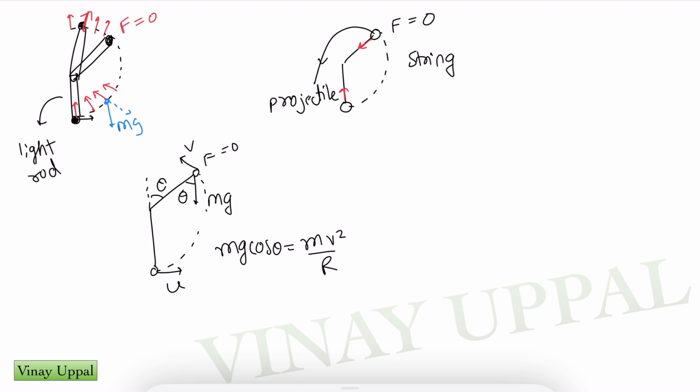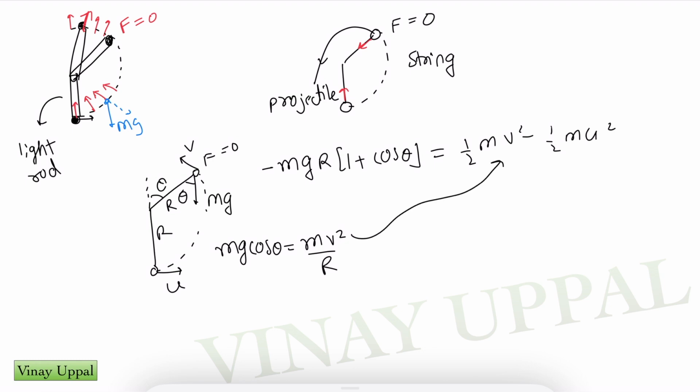If I just write work energy theorem, work done by gravity, since the particle is going up, the work done by gravity will be negative. So the height ascended is r into 1 plus cos theta. Should be equal to change in kinetic energy, half mv squared minus half mu squared. So if you substitute v squared here, you can solve for cos theta. So cos theta will give you the value at which the force becomes 0.